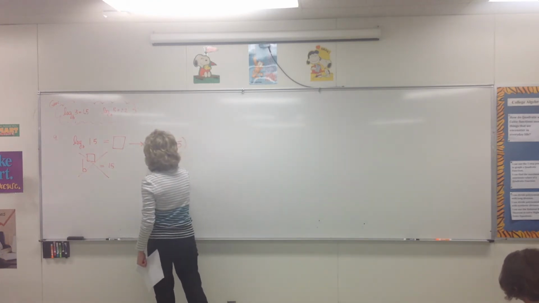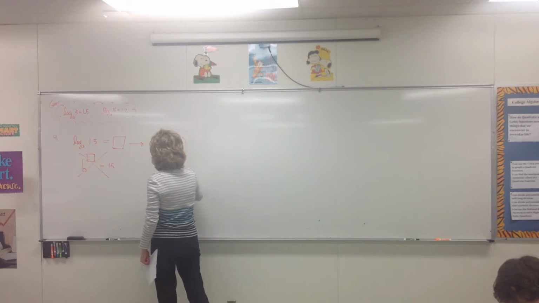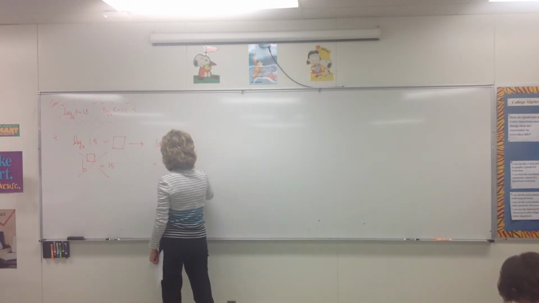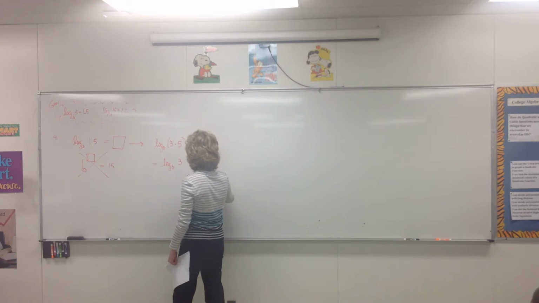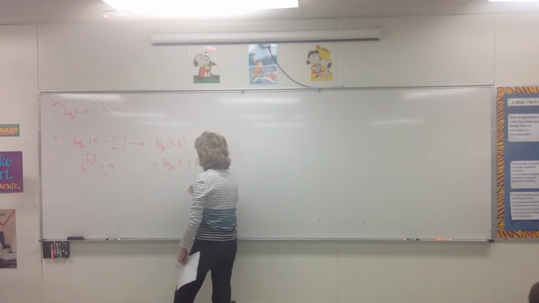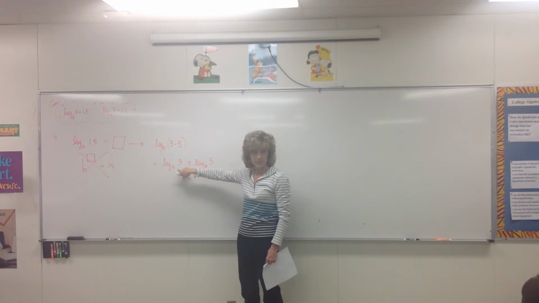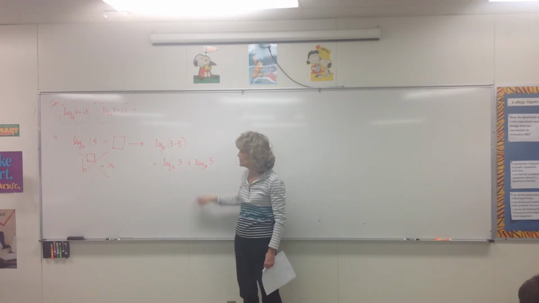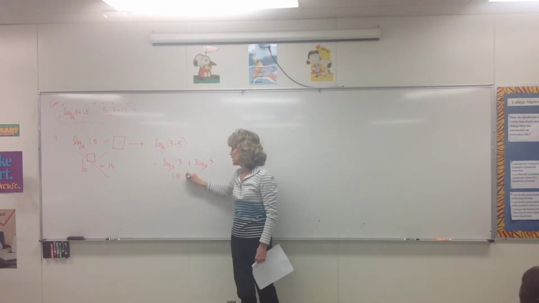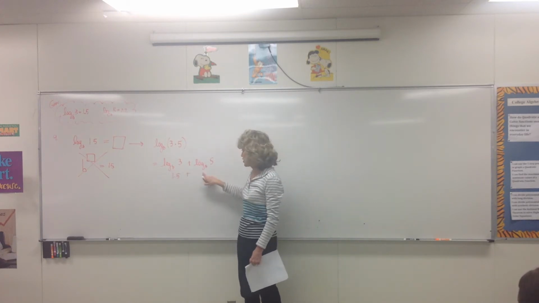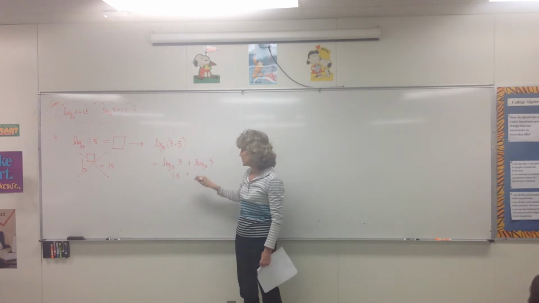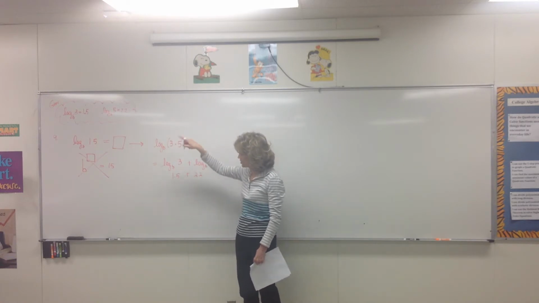So if I use a property of logs, this is log base B of 3 plus log base B of 5. Now I can work with it because log base B of 3 was given to us as 1.5, and log base B of 5 was given as 2.2.